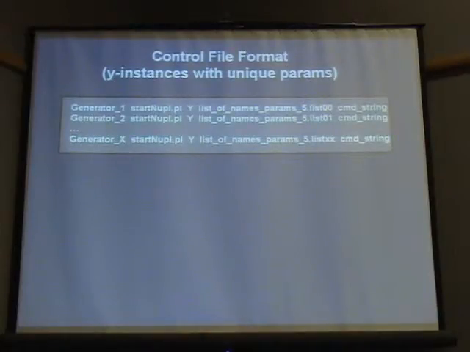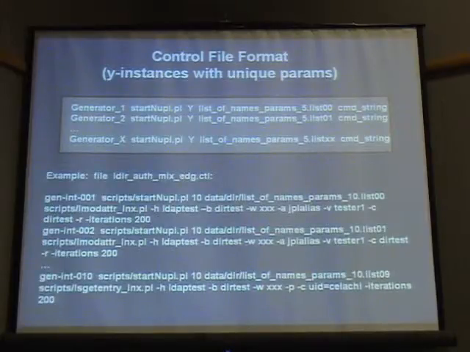And so it's going to start up Y instances of this command string out here, and then here's our list of names parameters, which has a unique names file to give to each of the command strings to spawn, etc. for all of the generators.